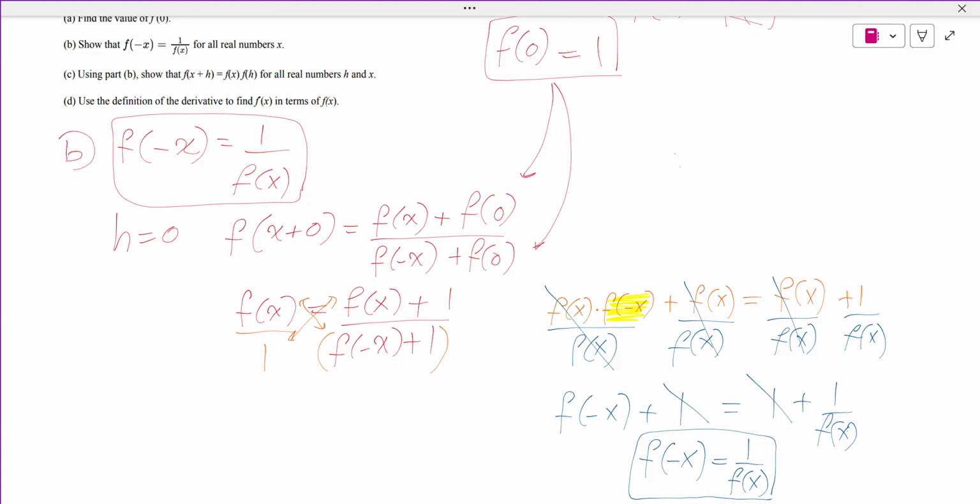Let's go to part C. Part C says, using part B, show that f of x plus h equals f of x times f of h.